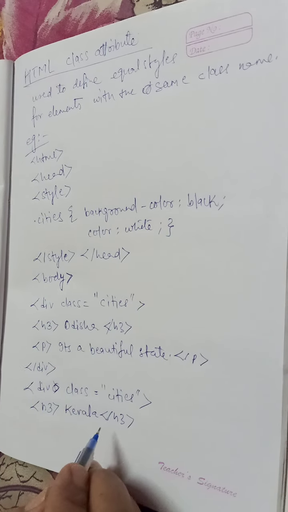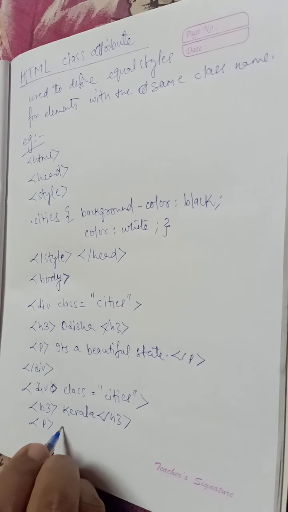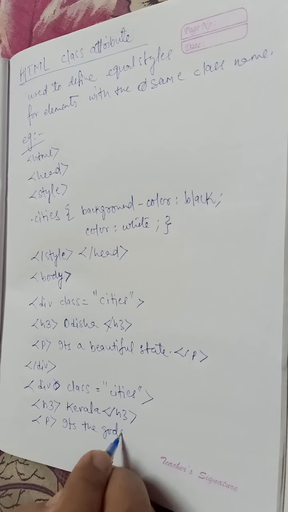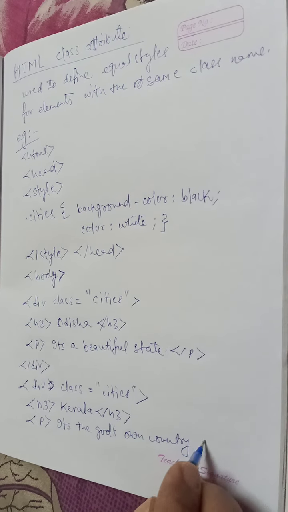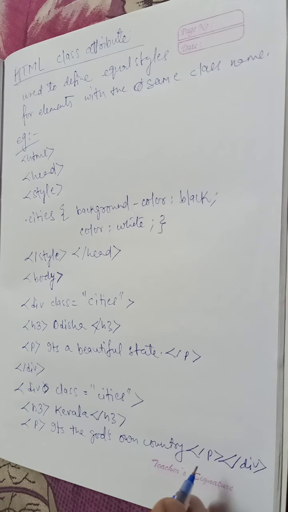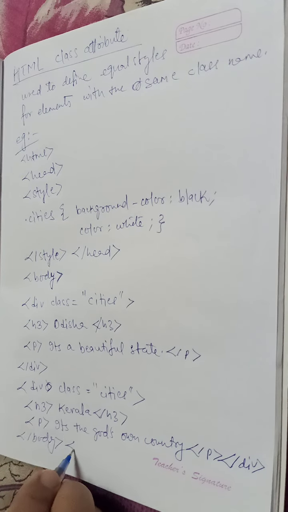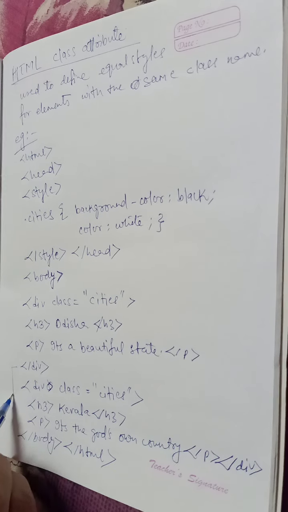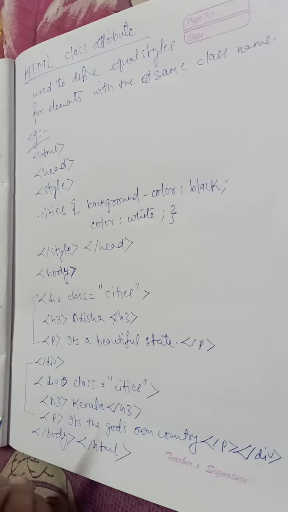I am ending h3, then I am writing a statement and I am finishing the division. Then I am finishing the body portion and finally my HTML portion. Okay. So now this is one block and this is another block.